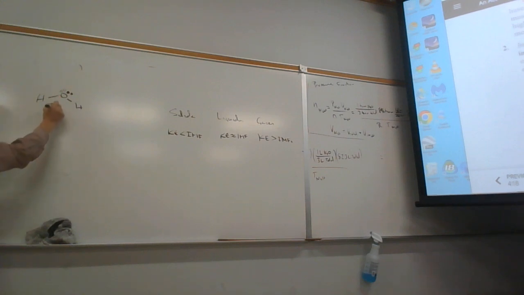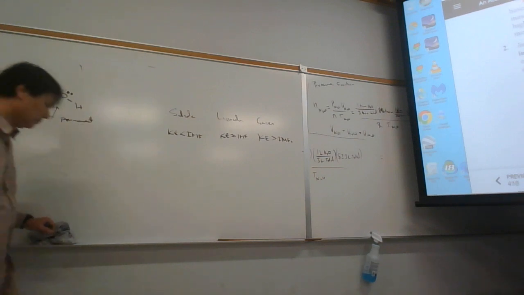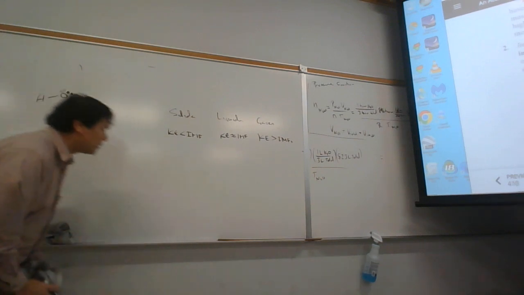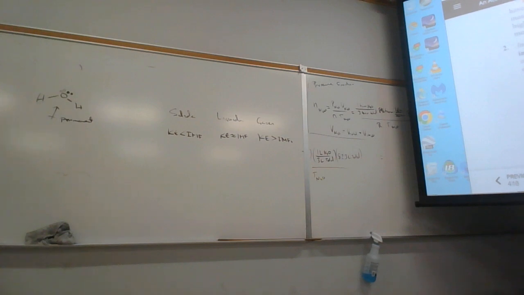And the dipole for H2O would be pointed towards oxygen like this. This is a permanent dipole as well. The permanent dipoles we should call the average dipole.